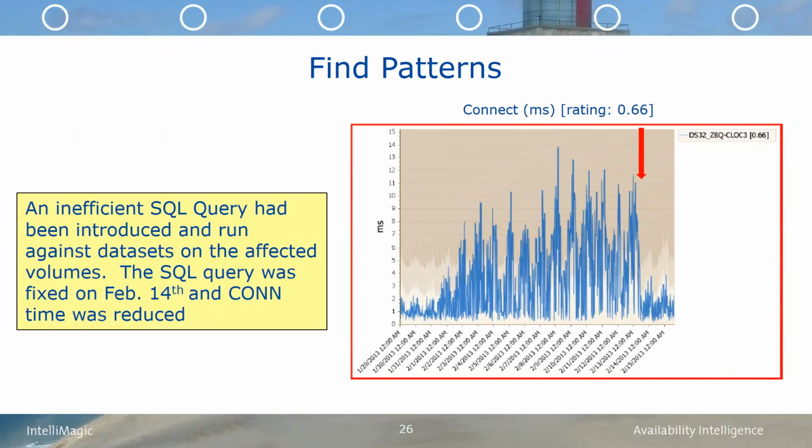And by the time they got it through change control, it was a few more days, and finally on February 14th, the connect time indeed is reduced back down to the range where it was before the SQL query was introduced. So this is definitely pretty clear cut that the SQL query was at fault.